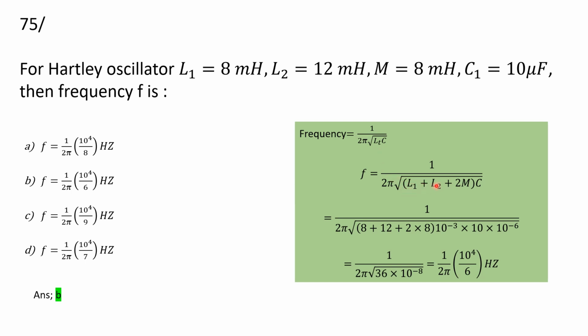So by putting the values as given in the question, we'll find the final result as 1 by 2 pi, 10 to the power 4 by 6 Hertz. So this matches with option B. So here option B is the correct answer.